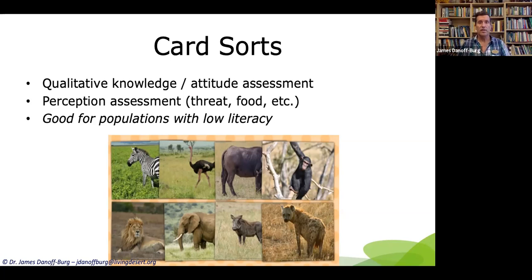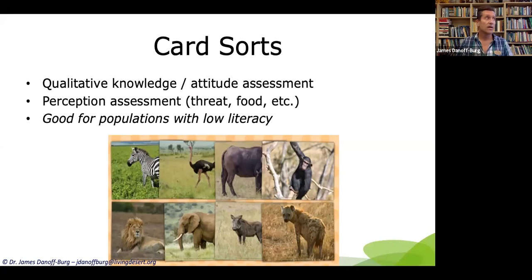So all 3, their knowledge, attitudes, and behaviors, can be assessed with this. It's a great way to assess their perception, their support, their attitude about different animals or of different ecosystems, because you can have these cards be whatever.